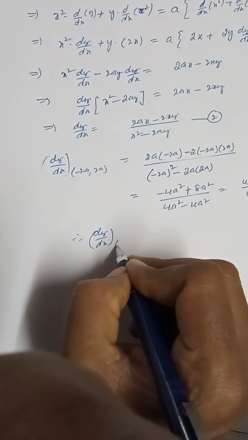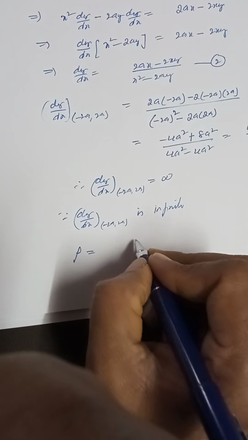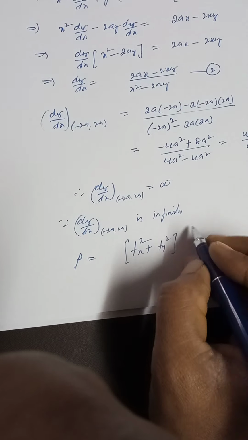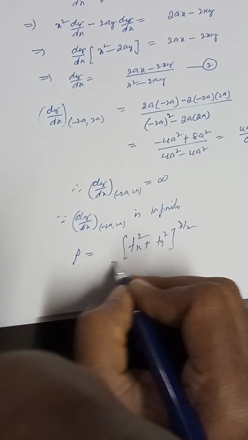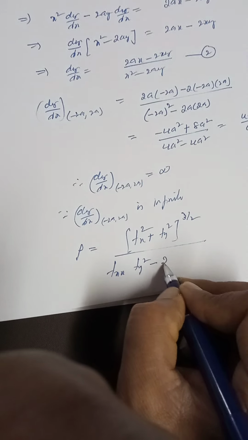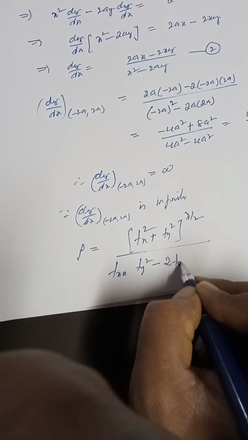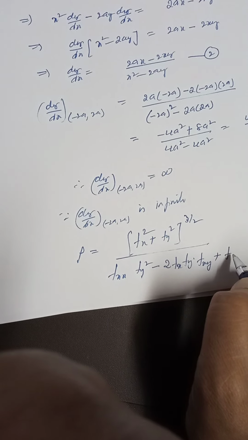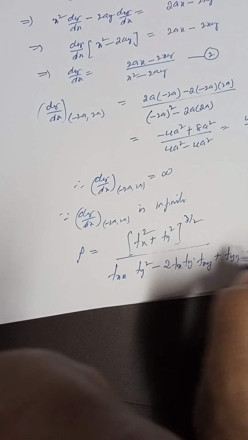Since dy by dx at (-2a, 2a) is infinite, therefore the radius of curvature rho is given by (fx square plus fy square) whole to the power of 3 by 2, whole by (fxx into fy square minus 2 into fx into fy into fxy plus fyy into fx square).